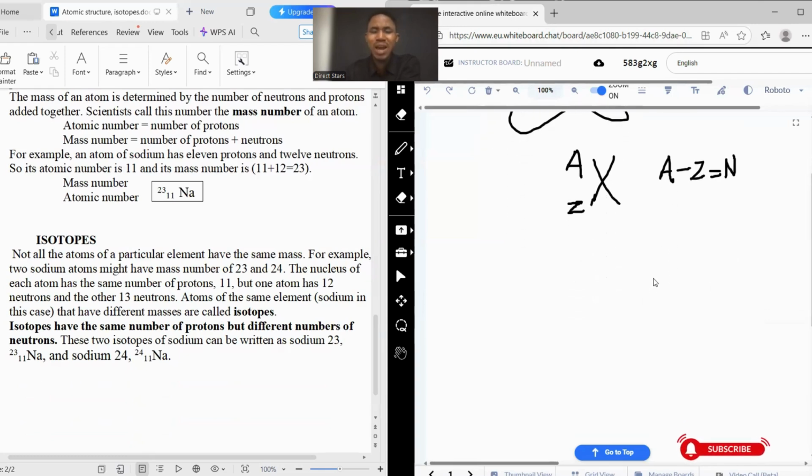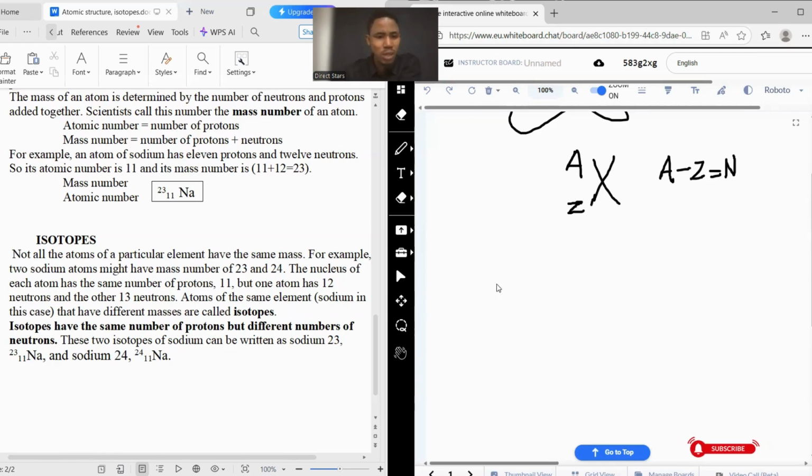That means they have the same atomic number, which is 11, but different neutrons: one has 12, while the other has 13. That is what we call isotopes. Atoms of the same element that have different masses are called isotopes. Different masses come from different neutrons, so isotopes have the same number of protons but different number of neutrons.